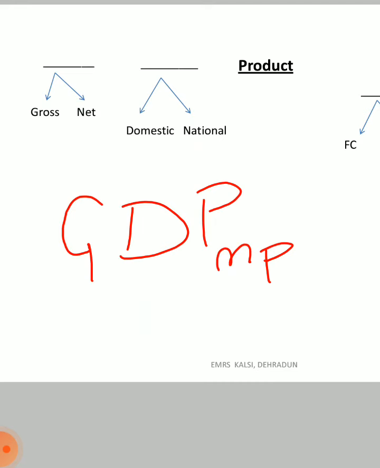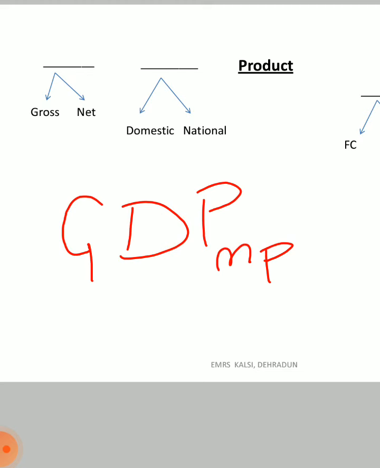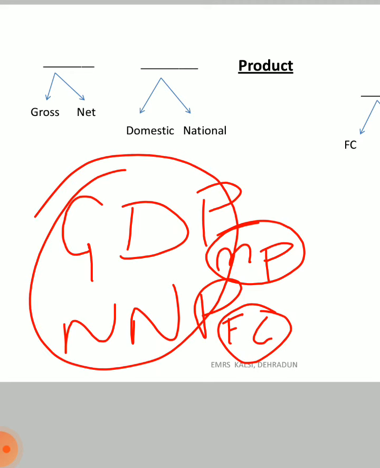And not only GDP; suppose there's another, NNP FC. The FC and the MP will be written small at the bottom, and the rest will be in capital form.